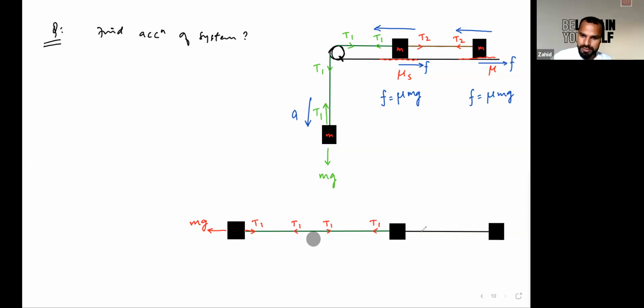Similarly, there will be another tension at this point, let's say T2 and T2. And this whole system would be going along this direction with some acceleration a. Is it clear to you all?